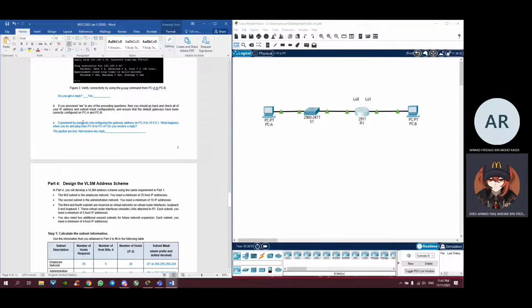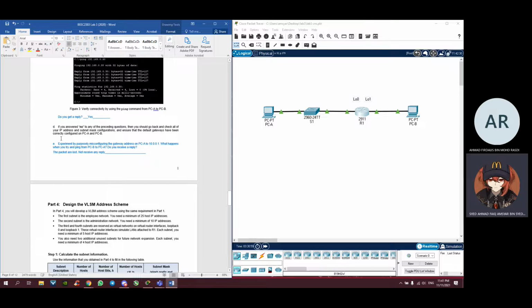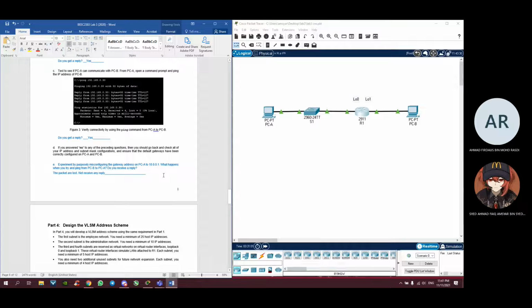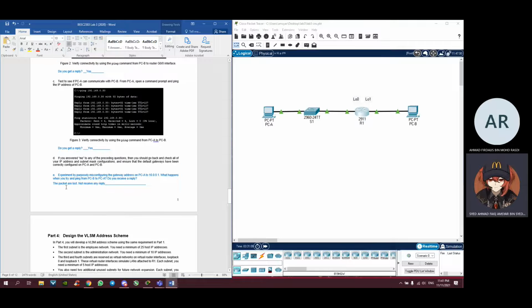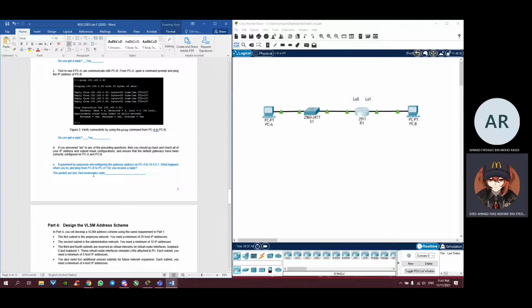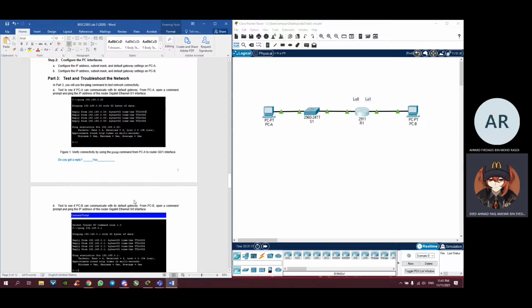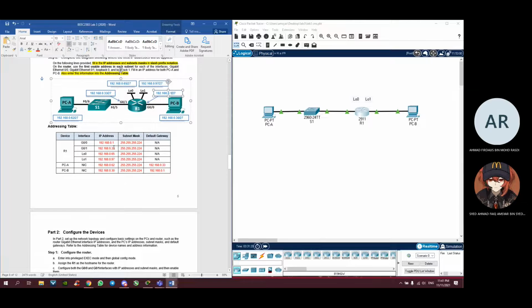Okay, for E, the purpose is to ping the PC address of PCA. What happens when you try to ping from PCA? Do you receive a reply? Okay, so what happens when you try to ping from PCB to PCA? It shows that the packets are lost and we do not receive any reply, because the gateway for the PCA is not 10.0.0.1.